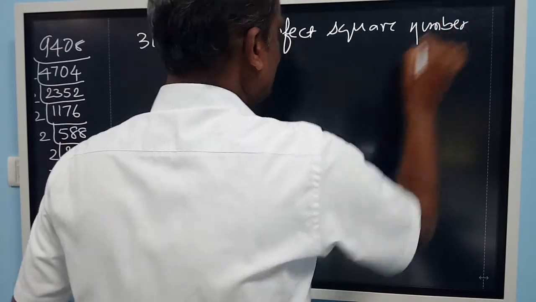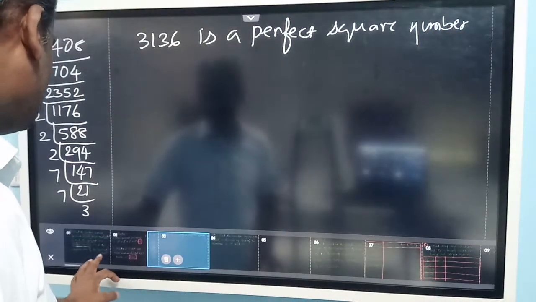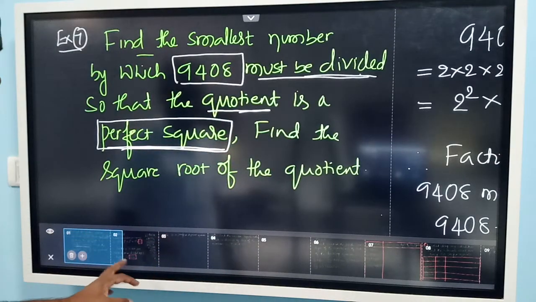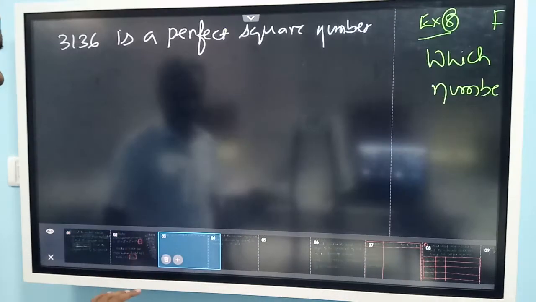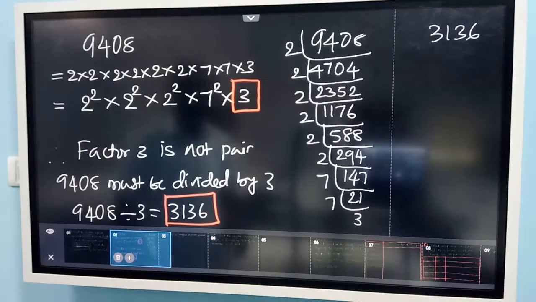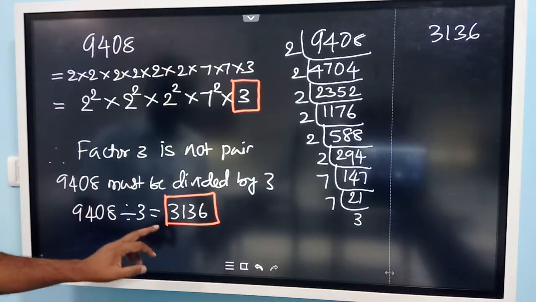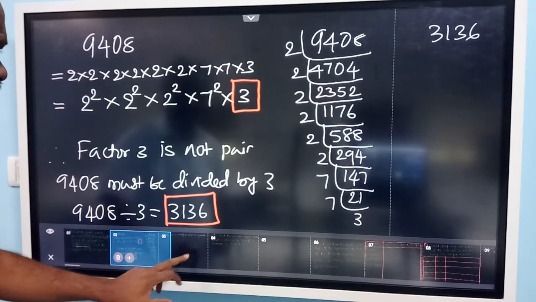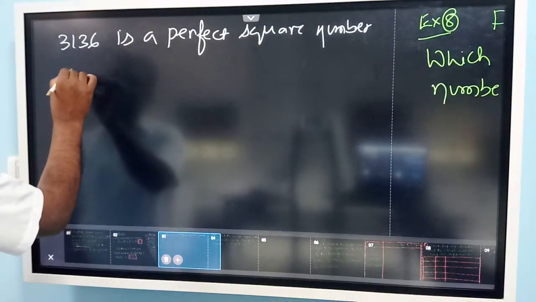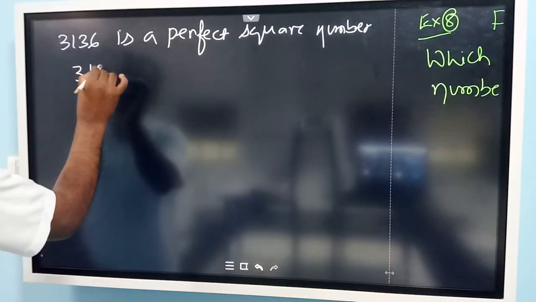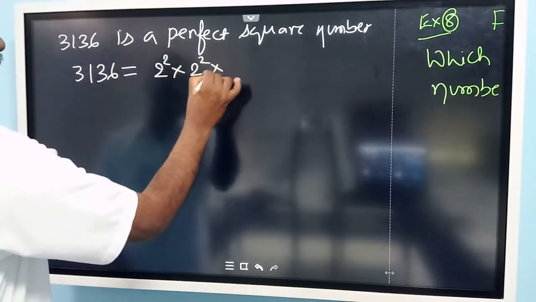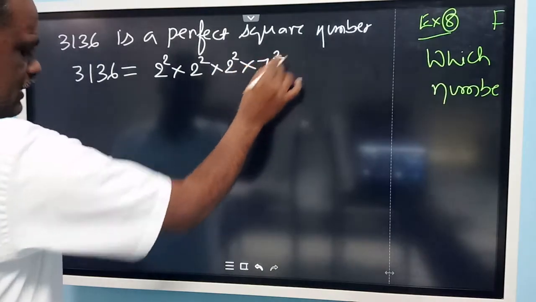Now after finding this perfect square number, look at the question. Find the square root of this quotient. The quotient is 3136, and we have already factorized it. You remove the 3, and the remaining factors will be the same. So 3136 can be written as 2 square into 2 square into 2 square into 7 square.